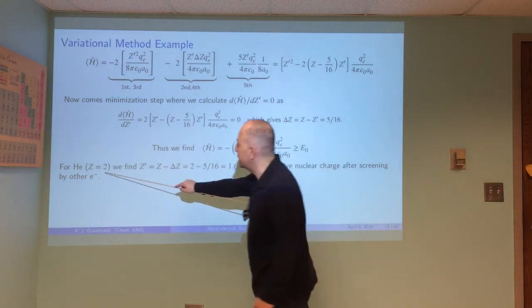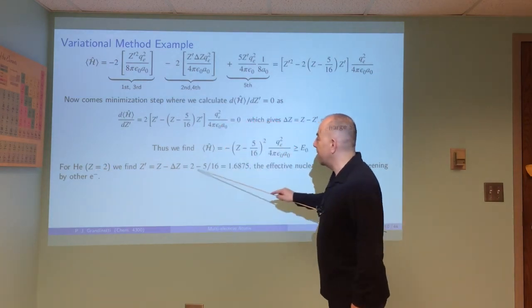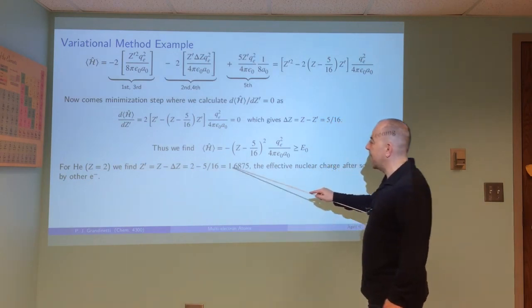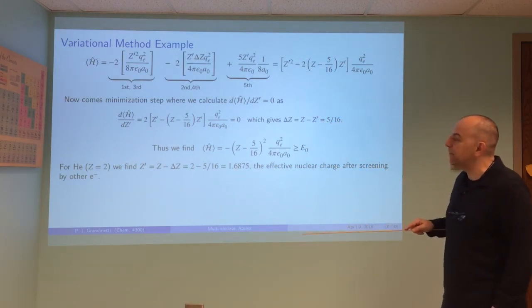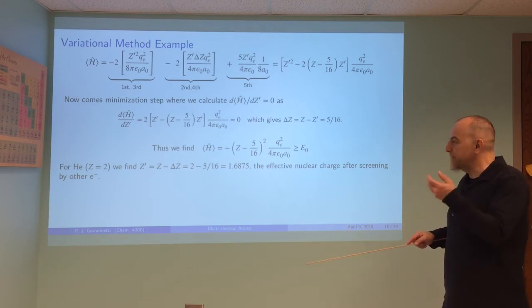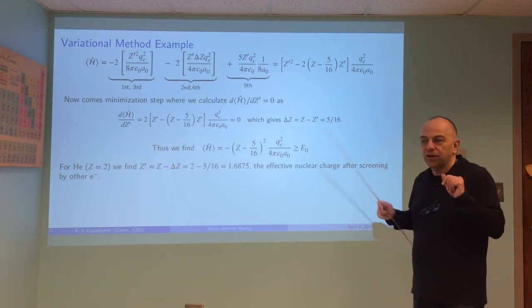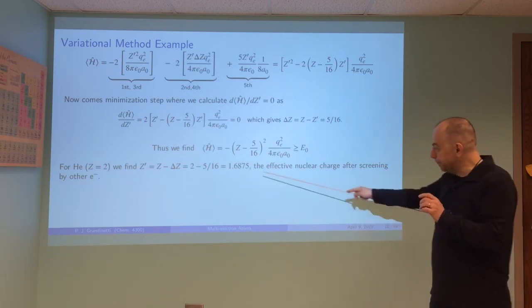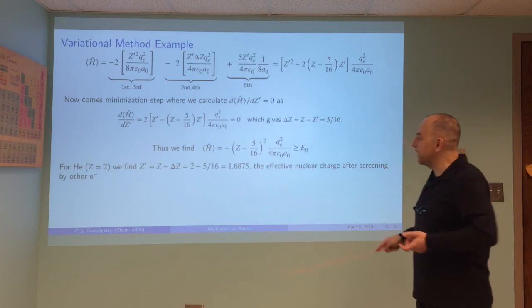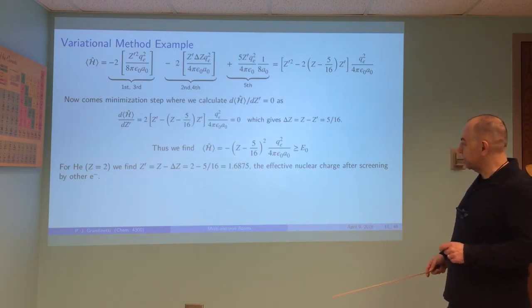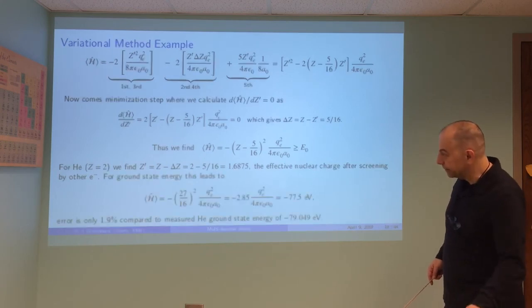If I take the helium atom, which is z equals 2, my z prime is 2 minus 5/16, and that becomes 1.6875. So z prime, the variational parameter, is essentially the effective nuclear charge seen by one electron when it's shielded by the other, and vice versa. It's reduced so that it's not quite a full +2 charge after the screening.